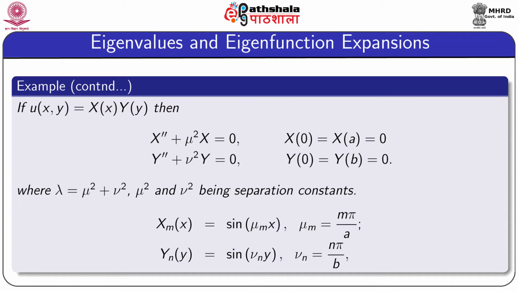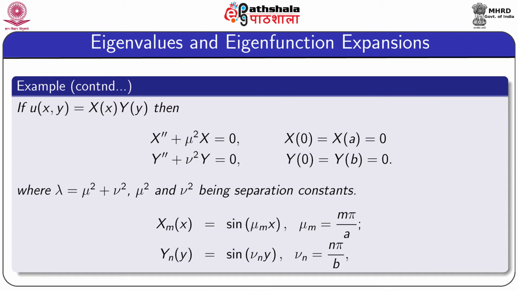First, we are solving this problem using the method of separation of variables. For that we write u as the product of X and Y, where capital X and capital Y are functions of small x and small y respectively.